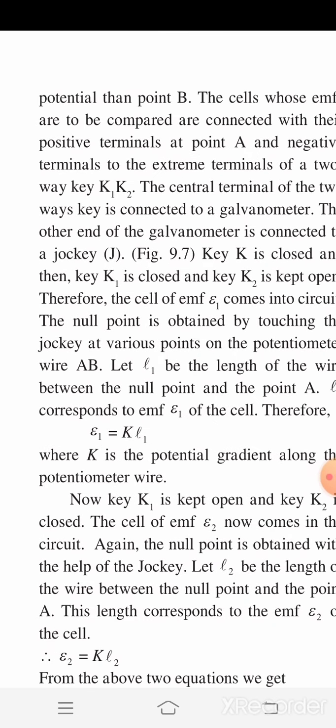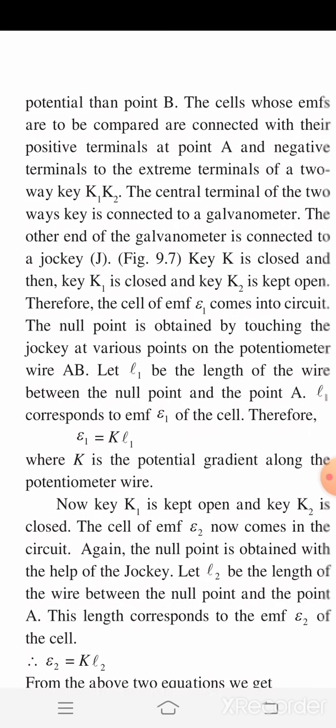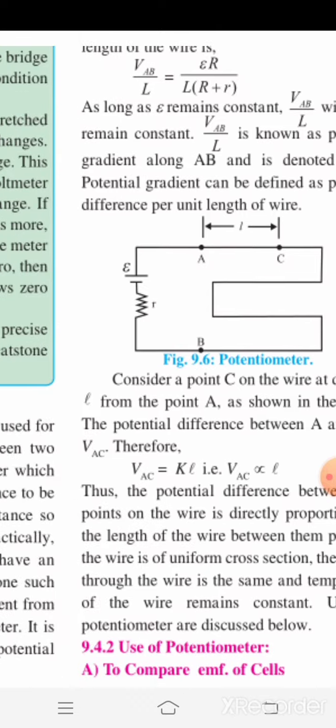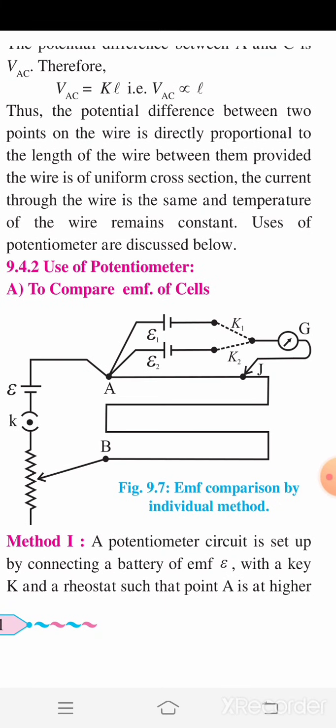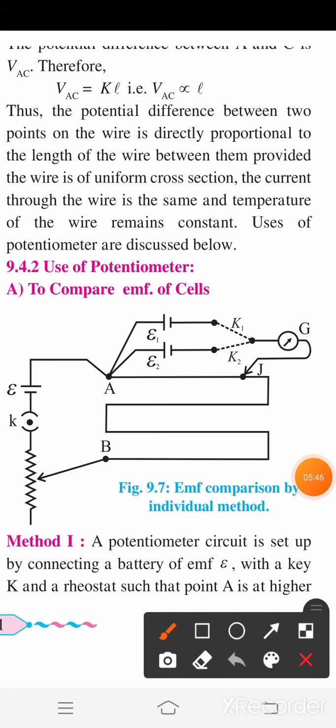After that, the cells whose EMF are to be compared, that is cell E1 and cell E2, are connected with their positive terminals at point A. Positive terminals are connected to the higher potential point A of wire AB, and negative terminals are connected to the extreme terminals of the two-way keys.